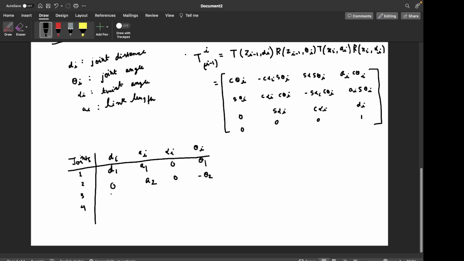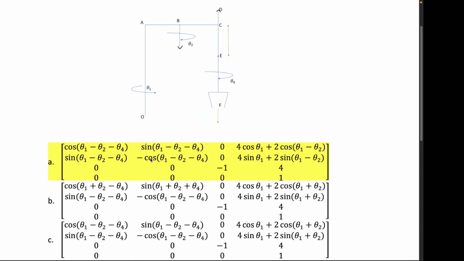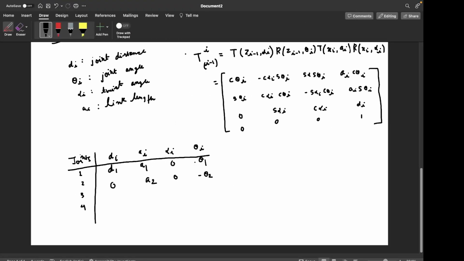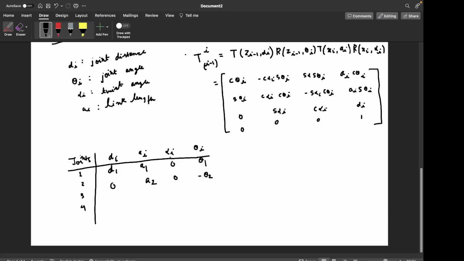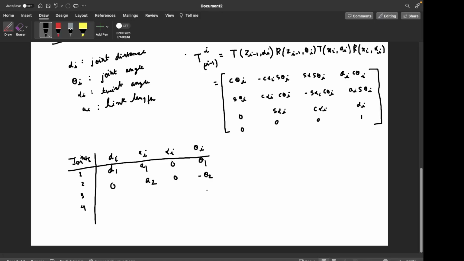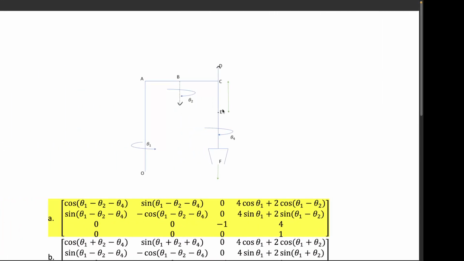Now coming on to the third joint. So third we have D3, right? For the angle theta, there is no theta angle here, so this is 0. Twist angle is the angle of zi about xi. Again, this zi is upward, this is downward, so there is a 180-degree twist.